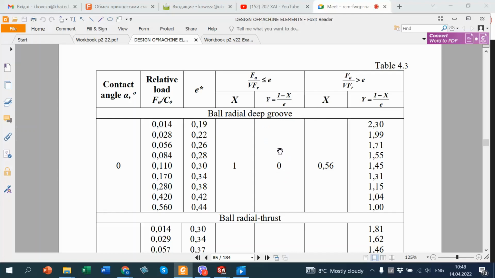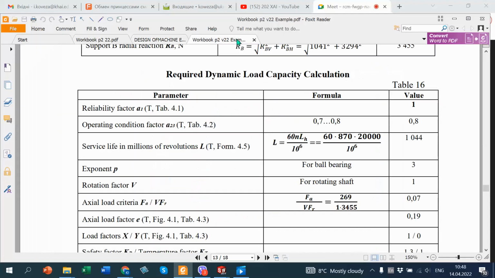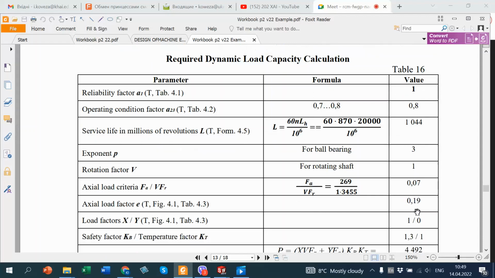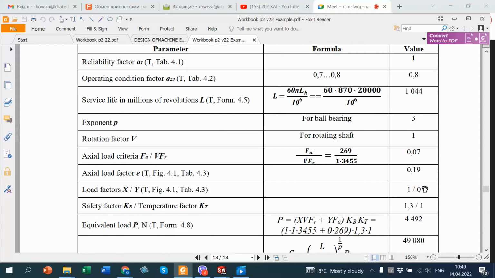It means that we neglect axial force. In another case, when FA is relatively big compared with radial load, and it is bigger than e, we should use X 0.56, Y from this table. In our case, usually e 0.19, FA to FR less than 0.19. That's why X is 1, Y is 0.